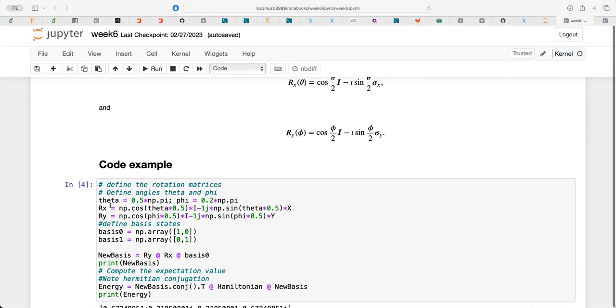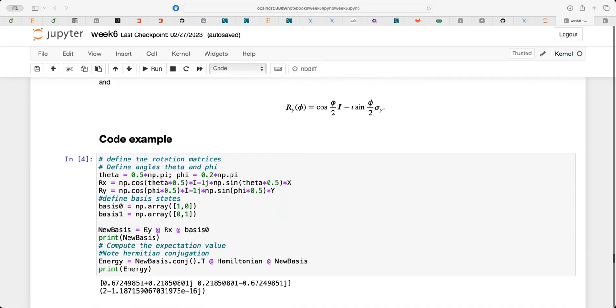And what I'm doing now, I'm setting up the rotation in X and rotation in Y, and you see immediately the straightforward implementation. My new basis is a state which I'm going to use to calculate the expectation value of the energy. I'm just plugging in this new basis, and then you see the energy. And here is another thing which I actually forgot, because when you're writing codes, you want to get the answers as quickly as possible.